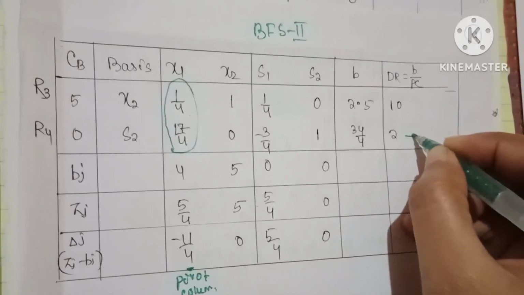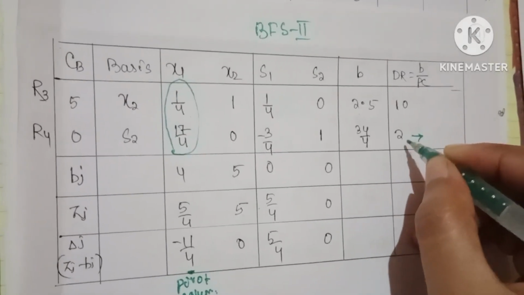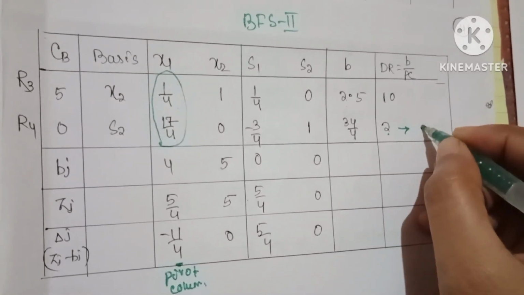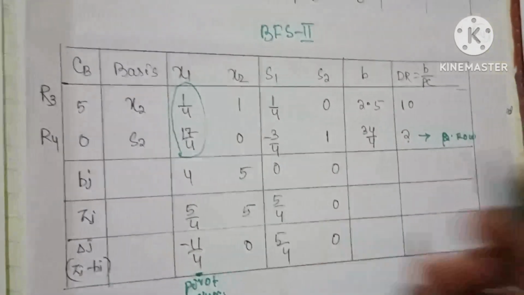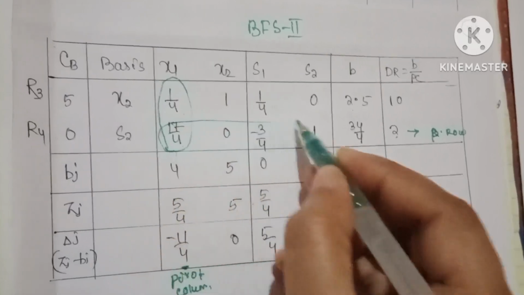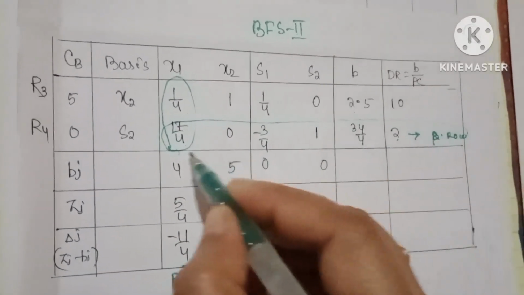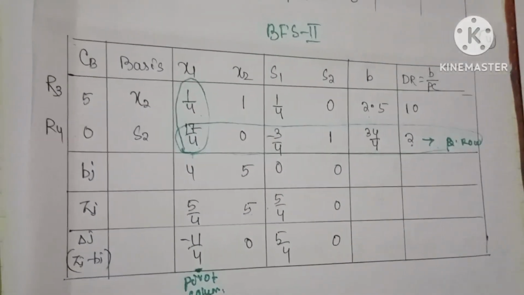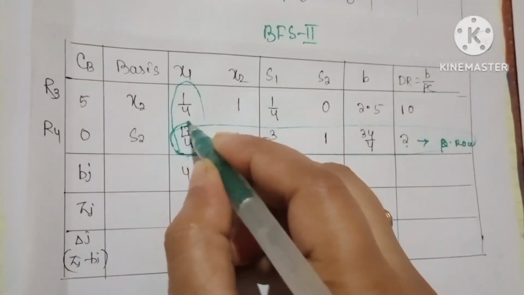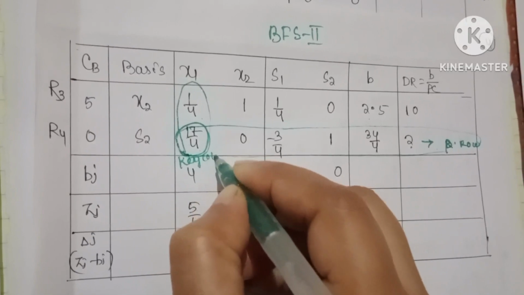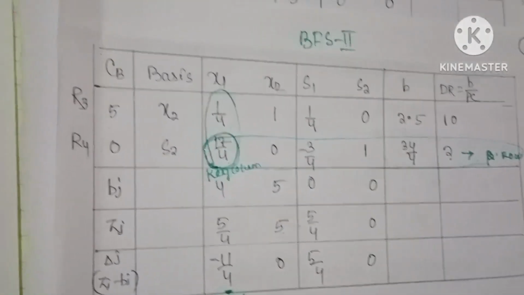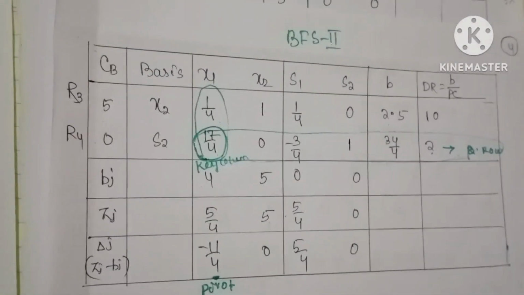So this is your smallest positive number, and this one is your pivot row. Now the intersection of the pivot row and pivot column becomes your key element.